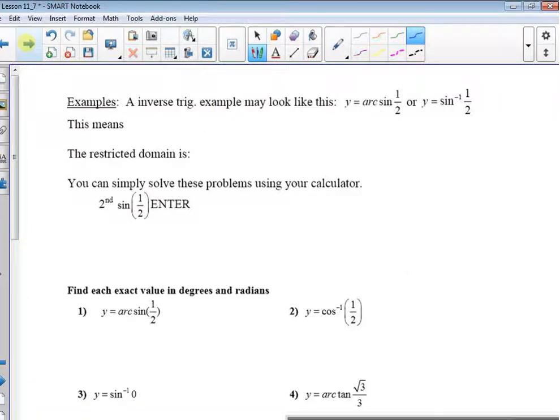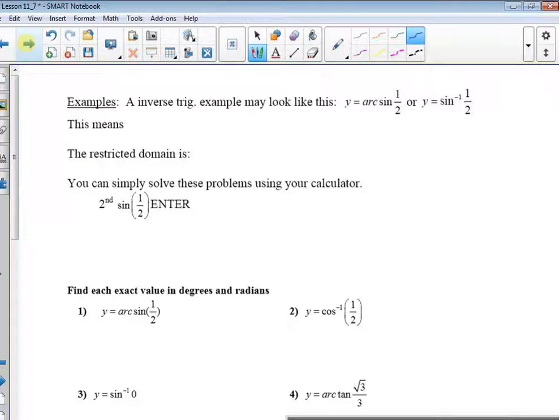So some trig examples, what we've seen in the last chapter, are these. An inverse trig example may look like this: y equals arc sine 1/2, or y equals sine -1 of 1/2.